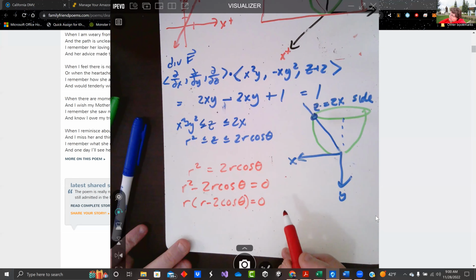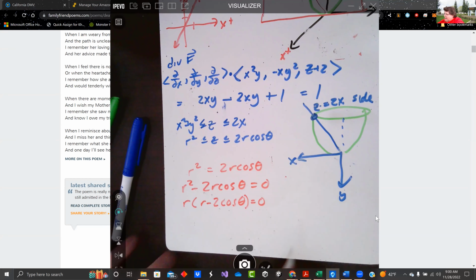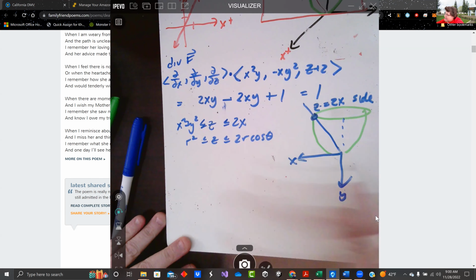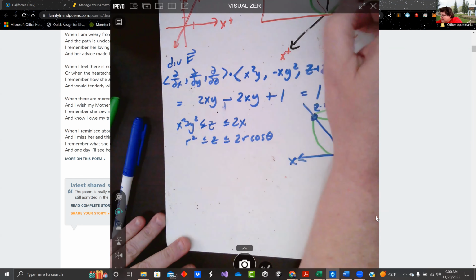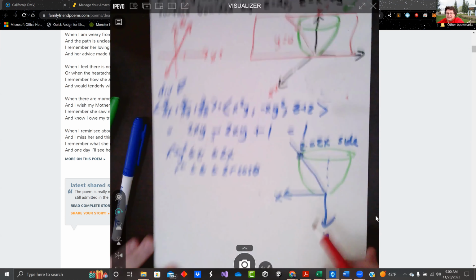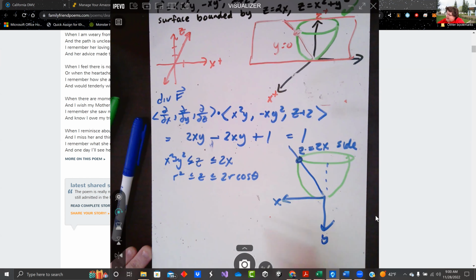Oh, I know how to get it, find the radius. I needed to hit when y equals 0. When y equals 0 is the xz plane, and that's that point right there. That's the approach to take.